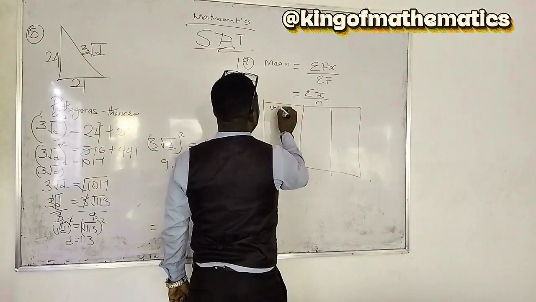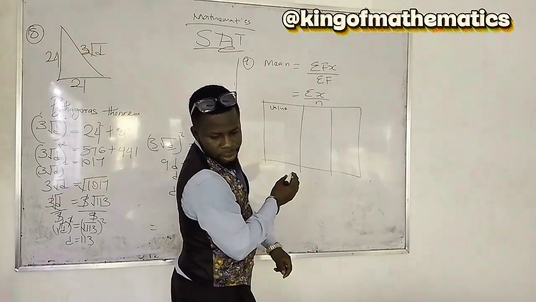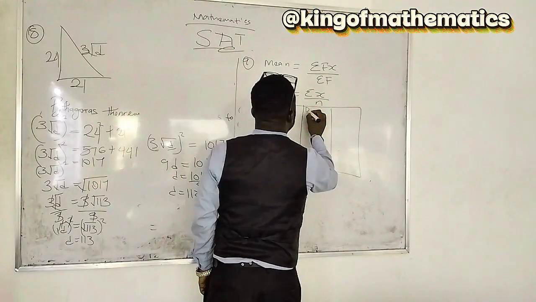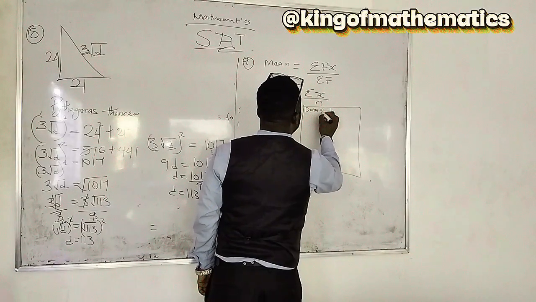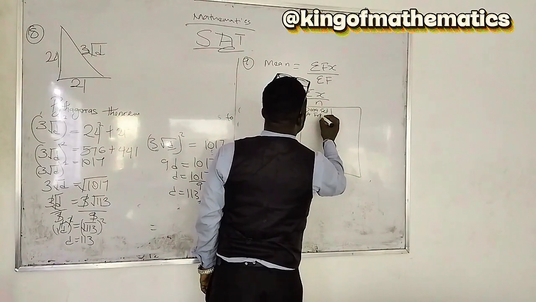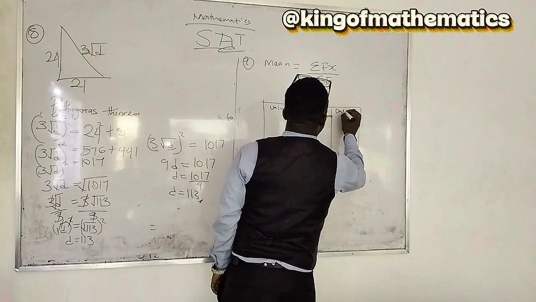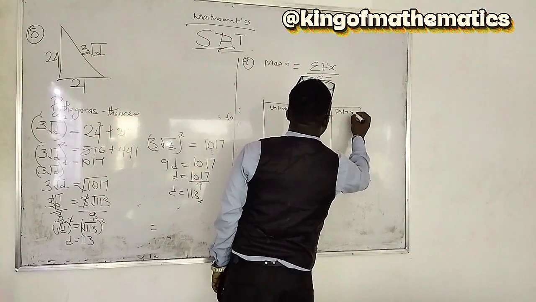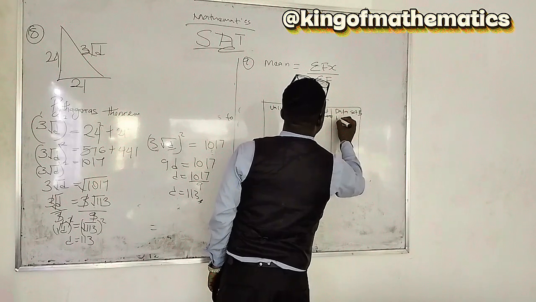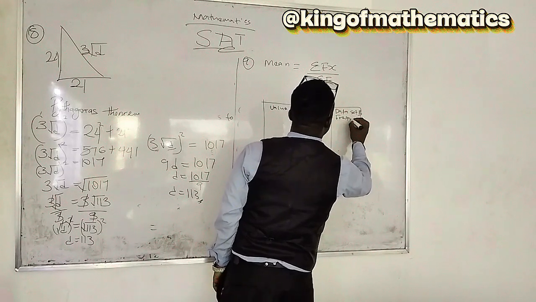We have value, data set A frequency, then we have data set B frequency.